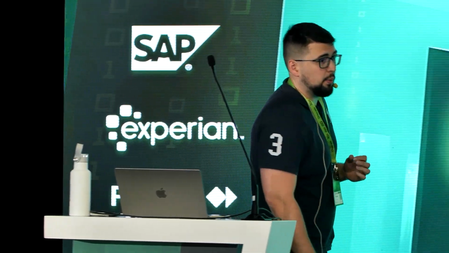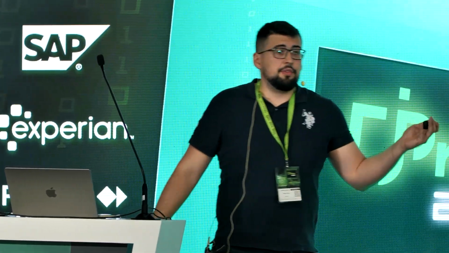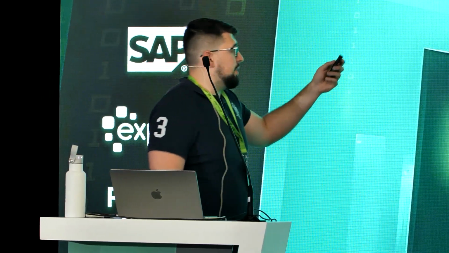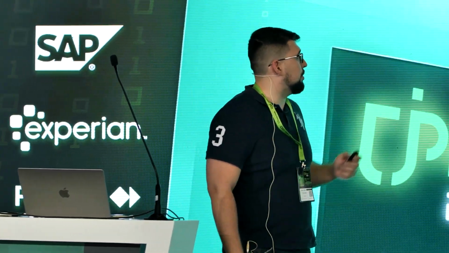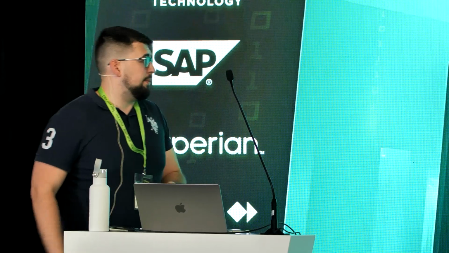One important thing about SQS, it has two modes. First is standard, second one is FIFO. FIFO is simple, it means first in, first out. And as you can see, message group ID, as shown in the top left corner, when you're sending a message to the queue, you need to pass the message group ID as well. This ID basically groups the messages under this ID, and then they're in order once you are processing them.